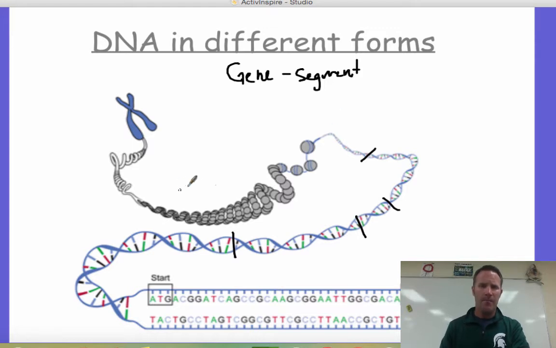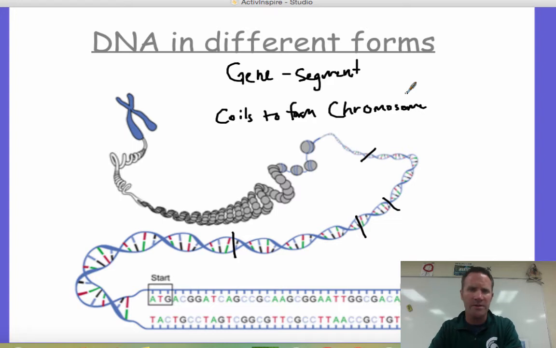Okay, remember that your DNA coils up to form a chromosome. Okay, so remember that your DNA forms up to form your chromosomes. Remember that the chromosomes are only formed during mitosis, really during replication of mitosis and when you're starting to divide your cells.